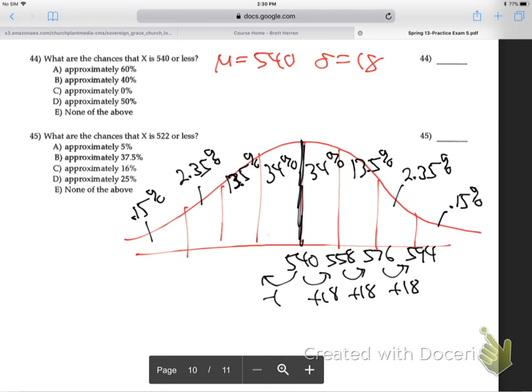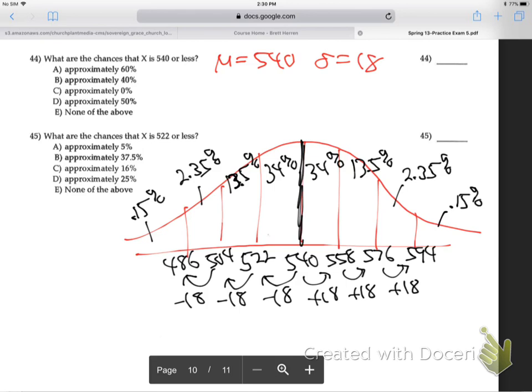And then the other way, subtract 18: 522, 504, 486, I think. Okay, there's our bell curve.